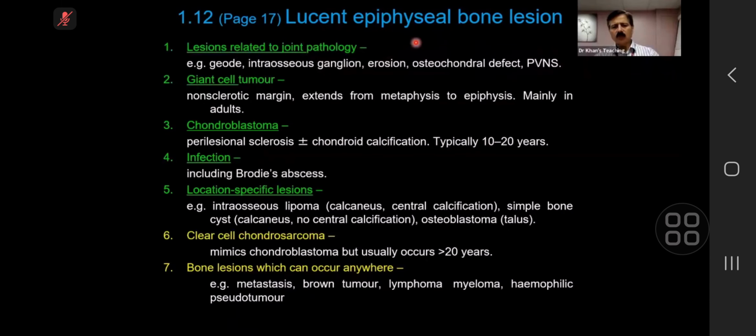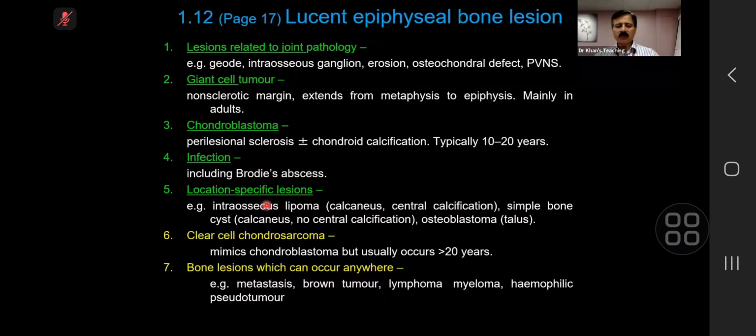Lucent epiphyseal bone lesions related to joint. Geode has come in the exam. PVNS is extremely important for the exam, and yes, last time we saw that. Giant cell tumor, of course, non-sclerotic margin, mainly in adults. Chondroblastoma, typically 10 to 20 years. You see, this is the discriminator.